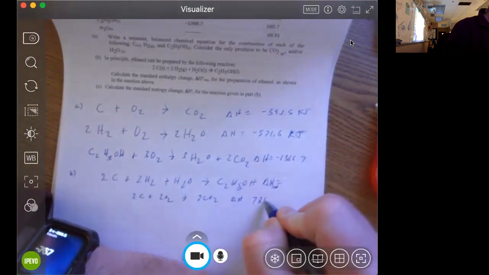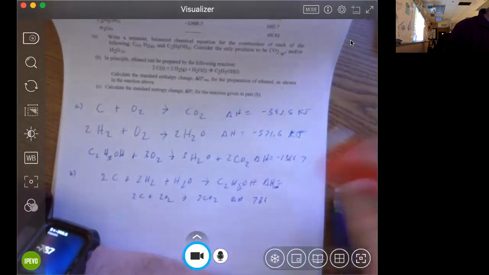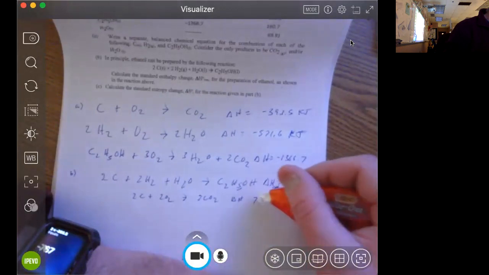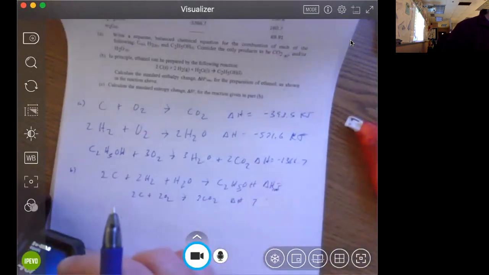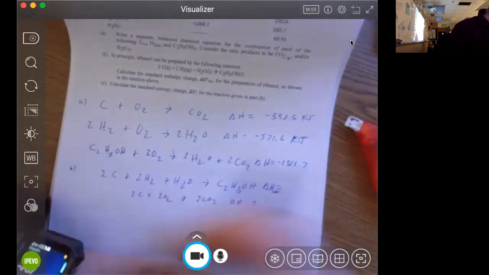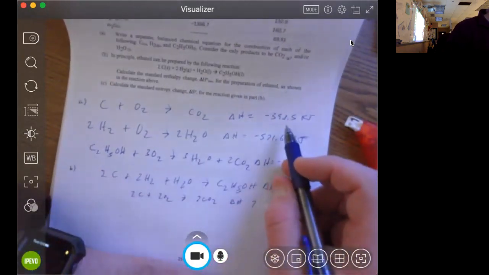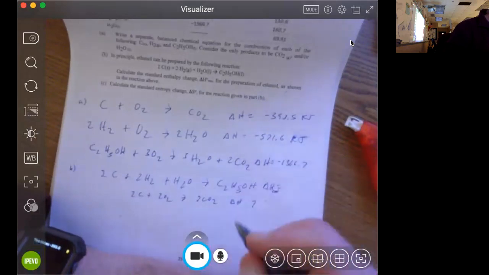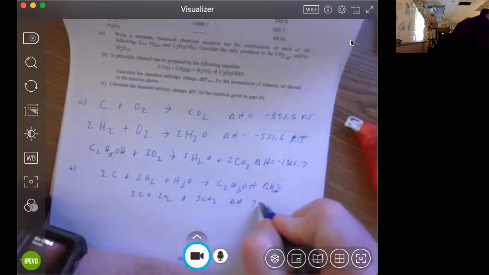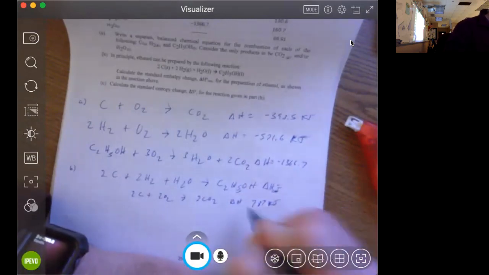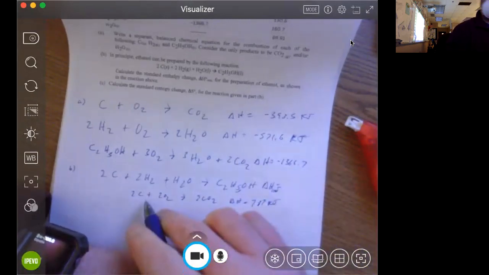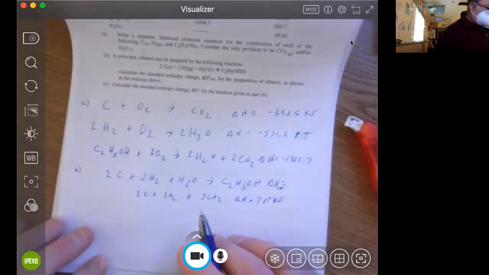It's negative 787. There we go. Since we did not reverse the reaction, we don't change the sign.